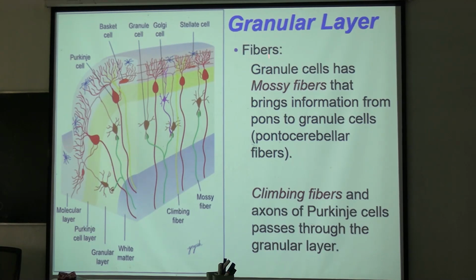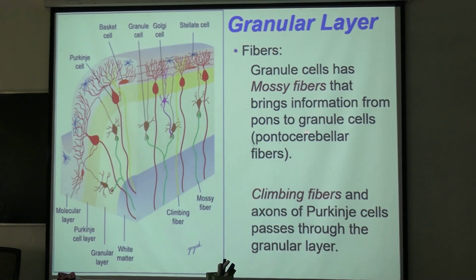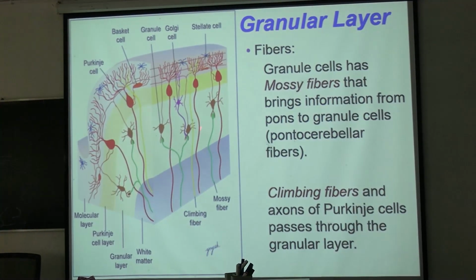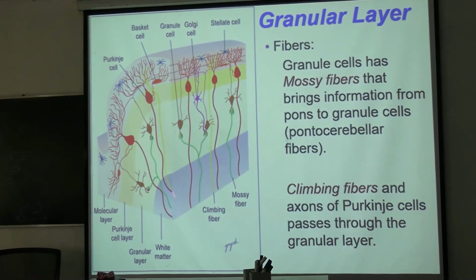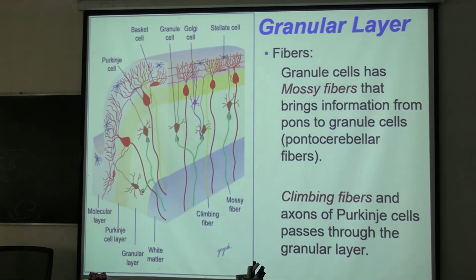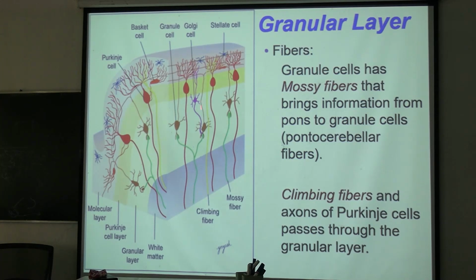So what are the fibers of this layer? Granule cells have mossy fibers that bring information from the pons to the granule cells, also known as pontocerebellar fibers. The granule cells are anastomosing with the mossy fibers, the green colored ones.